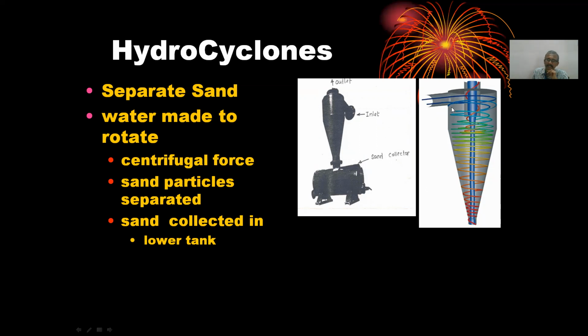This is the same kind of cyclone you would have also studied in your processing courses for removal of chaff from paddy, wheat processing and all. So this is how a hydrocyclone works. Hydrocyclone is used for separating the sand.